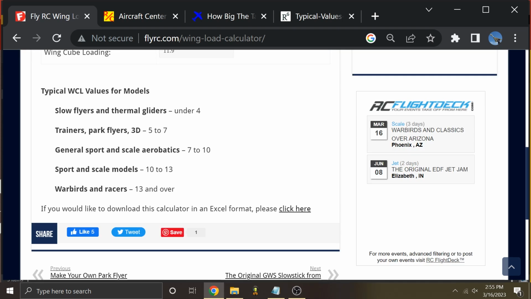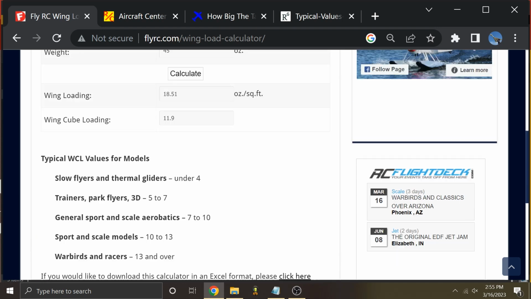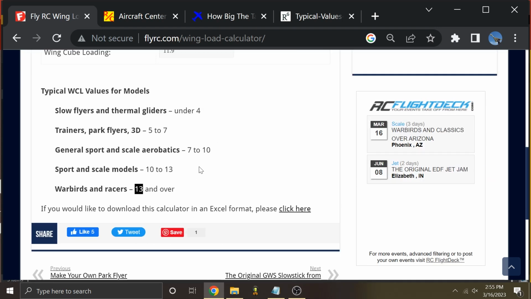The Efflux Mk, which I had, was around 13, so it's definitely on the top end. It's a high-performance jet. And then the Efflux Mk was around 17, so that was quite large. And I like the flight characteristics of the Mk better. It was definitely a lot easier to fly, less on edge. So I'm probably going to be shooting a bit towards that 13 or maybe less.